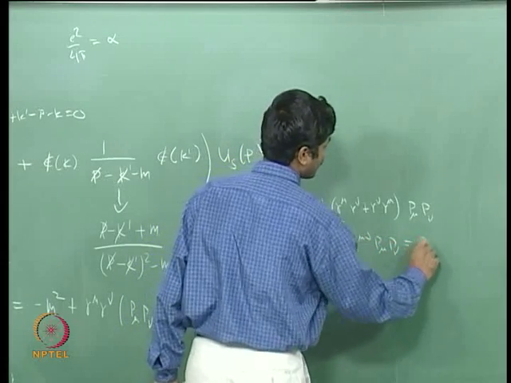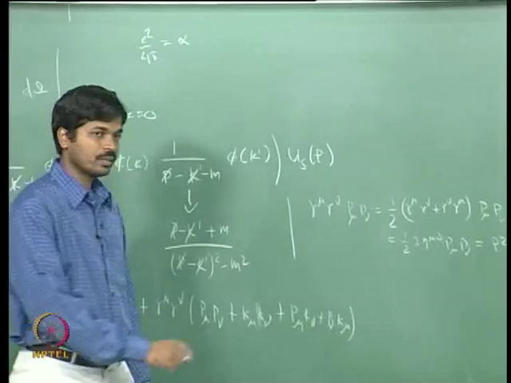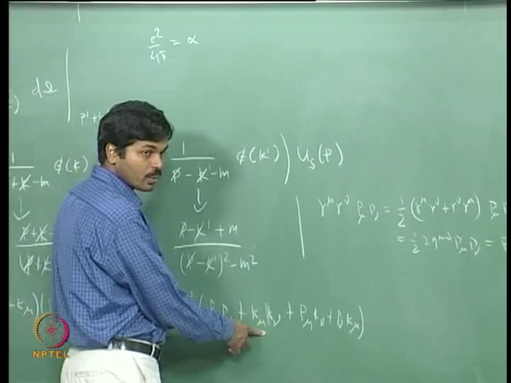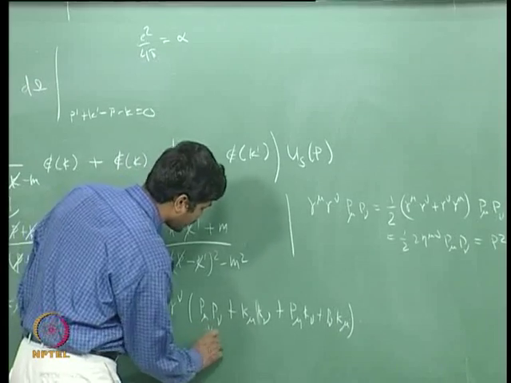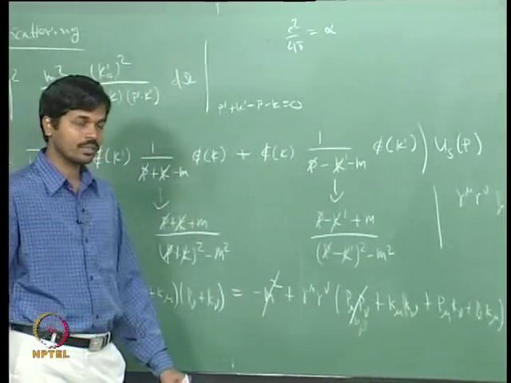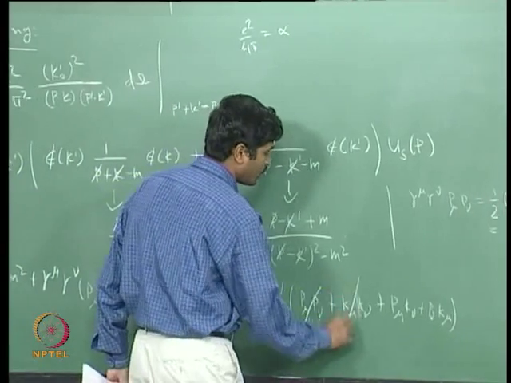Therefore, this is simply p squared. So this will give me p squared, this will give me k squared. This p squared is simply m squared, so this term will cancel this minus m squared. This will give me a 0.